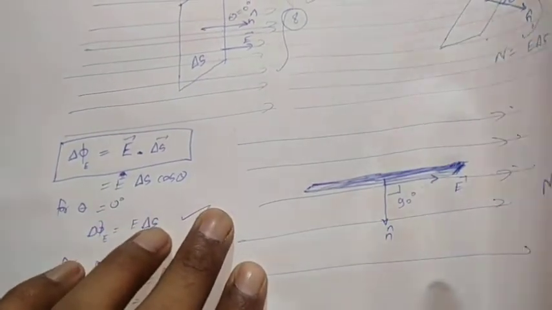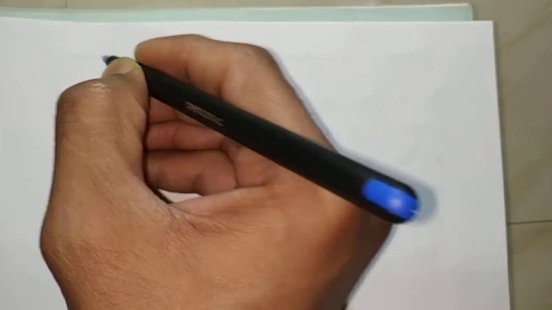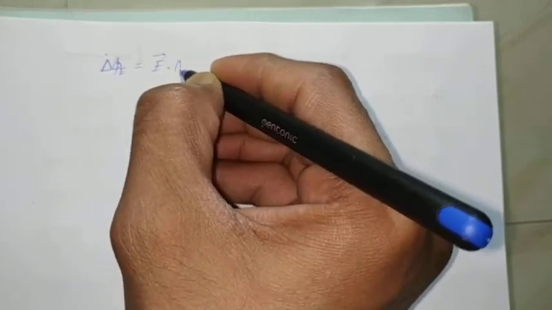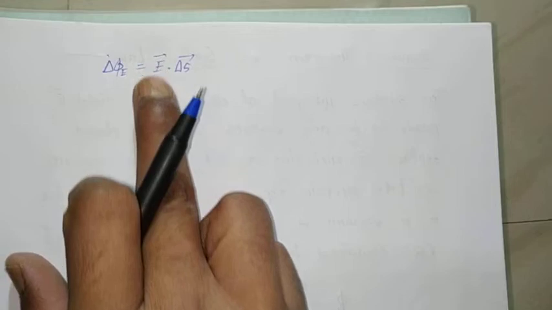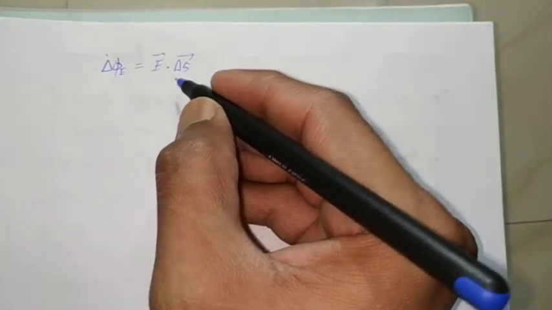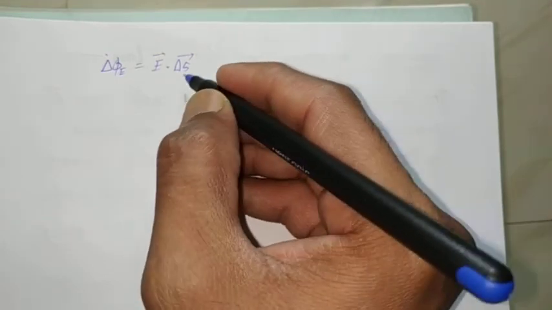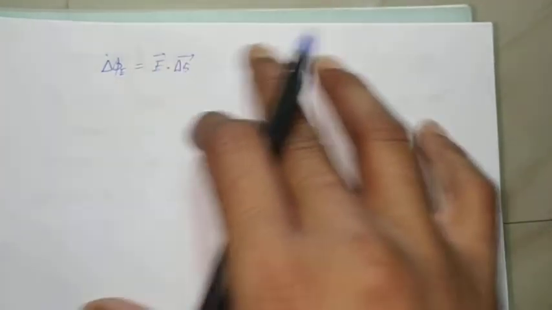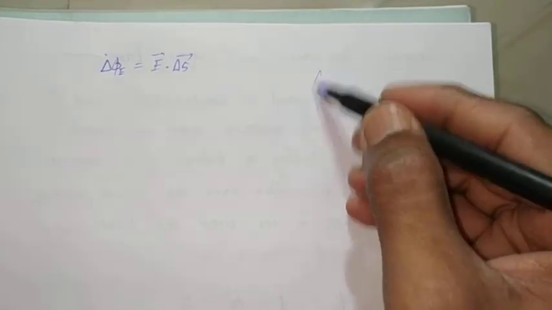All right, so this is our electric flux, and if I want to calculate this electric flux for a very large area, for area S, then we have to integrate it, we have to calculate for this whole area.